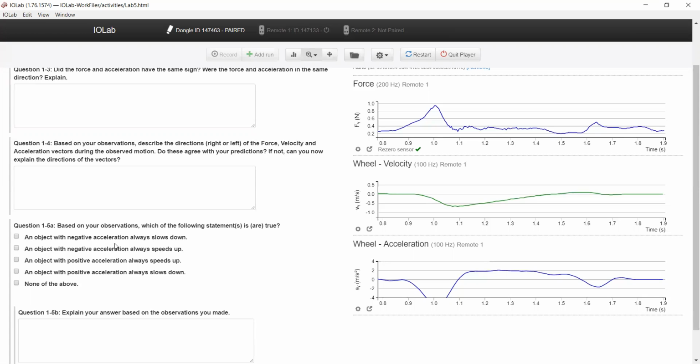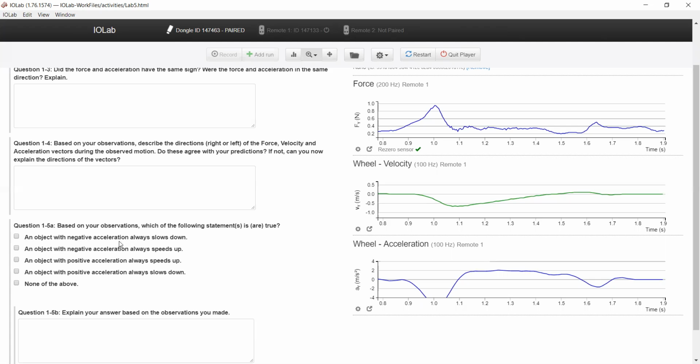An object with negative acceleration always slows down. Is that true? We are slowing down, but do we have a negative acceleration here now? An object with negative acceleration always speeds up. So can we say that negative acceleration is speeding up? So you might not have seen it here, but from the general rule, you cannot say that.